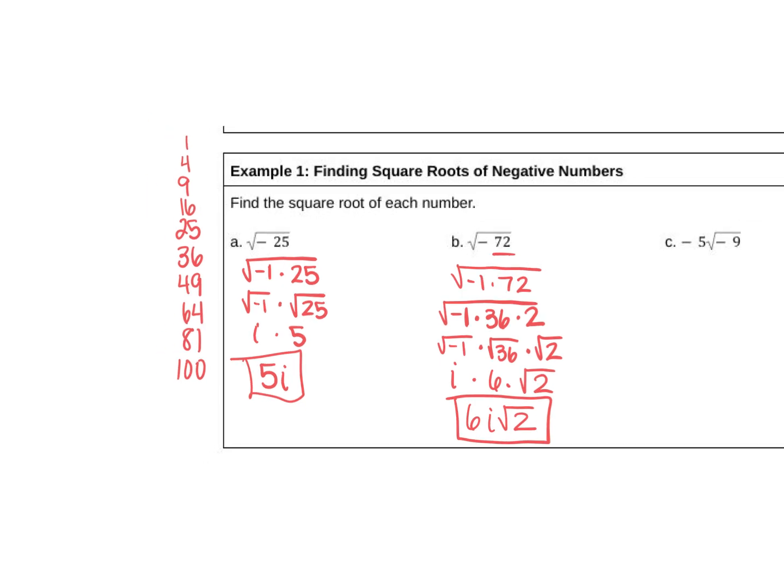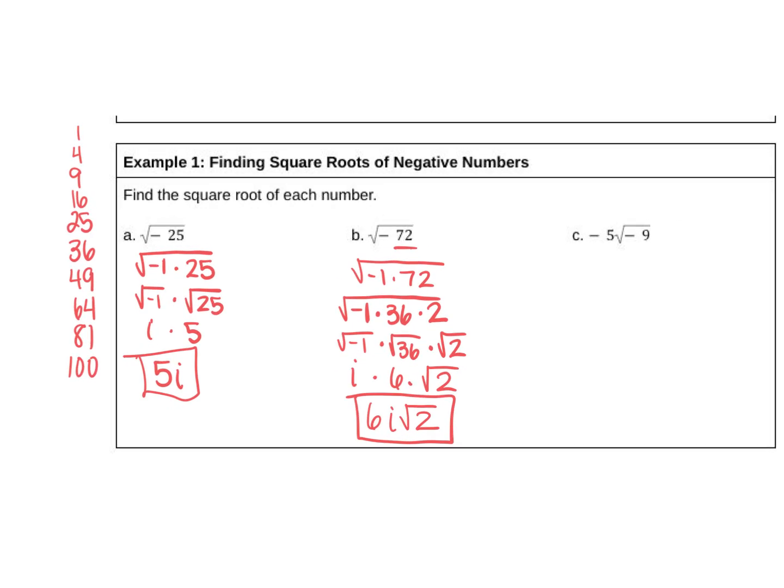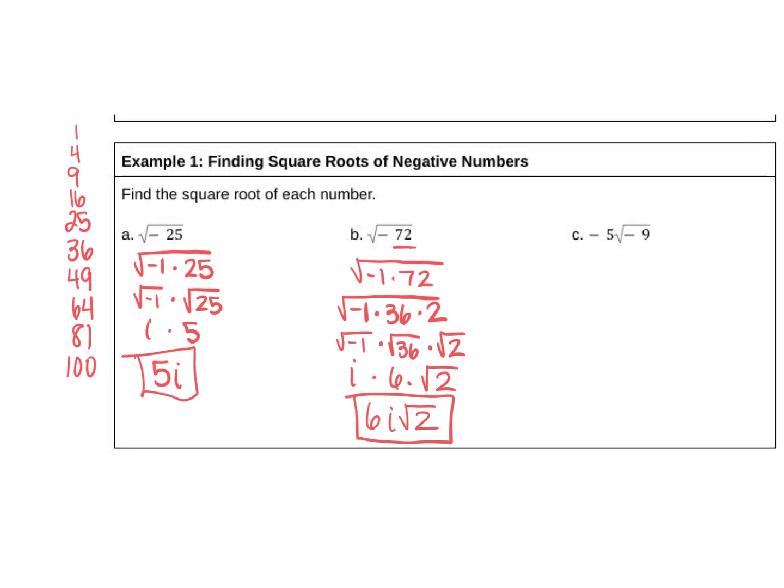All right, let's do number C. Kind of works the same way. If there's a number already there, whatever you bring out, you're just going to multiply by it. That's it. So -5, we leave that alone. -9, 9 is a perfect square. It's on that list. So all I got to do is take that -1 out of there. Okay, so -5 is still there. We've got the square root of -1, square root of 9.